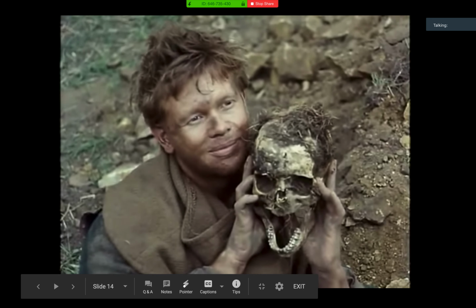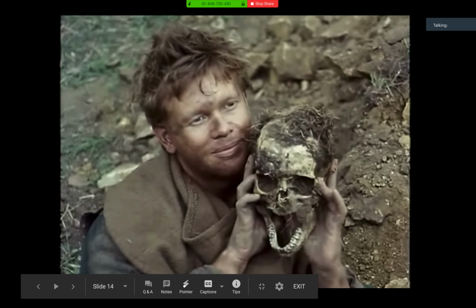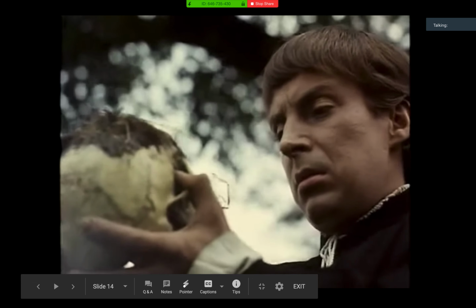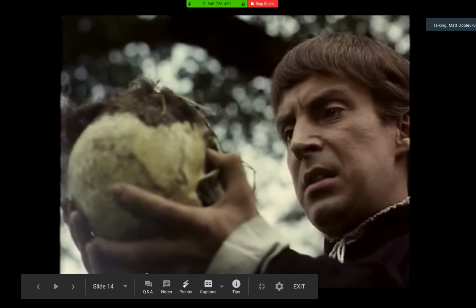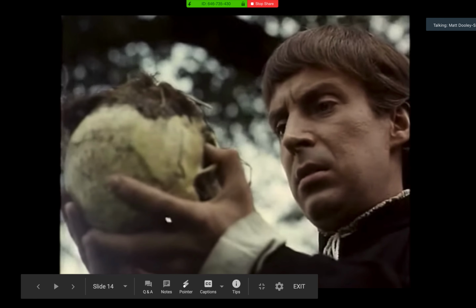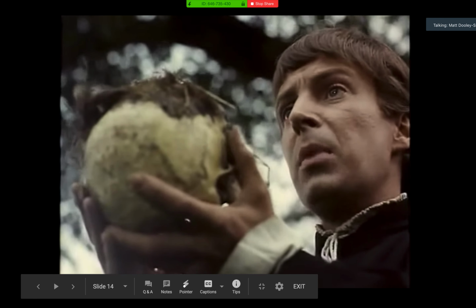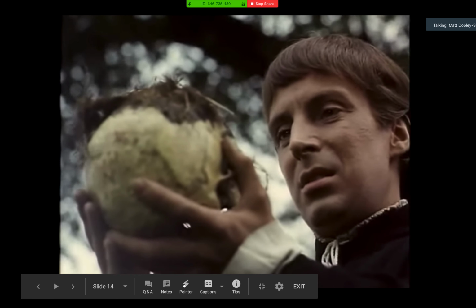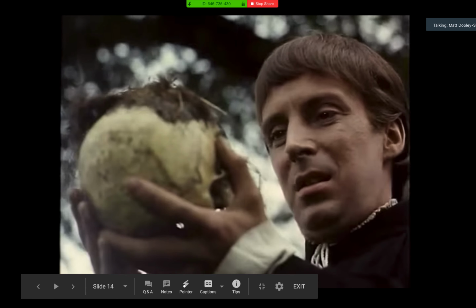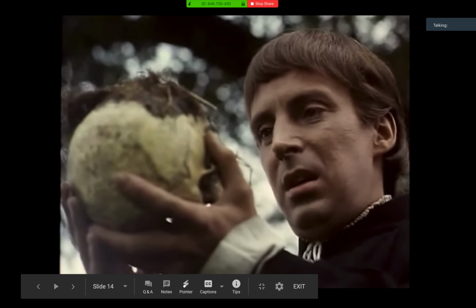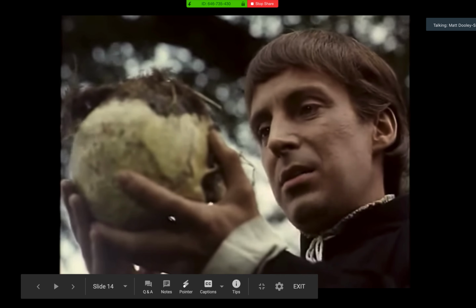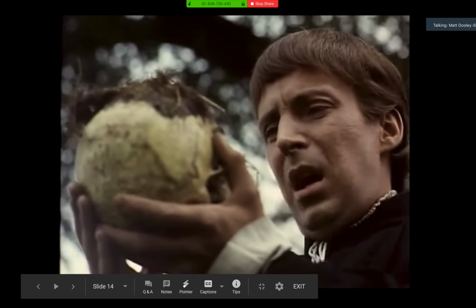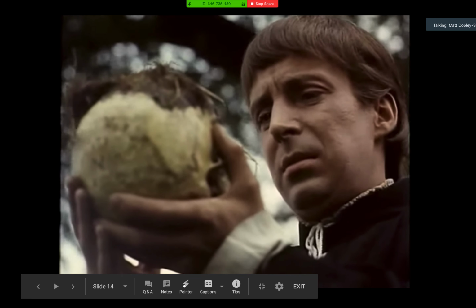Yorick's skull. The king's jester. This? Let me see. Alas, poor Yorick. I knew him, Horatio. A fellow of infinite jest, of most excellent fancy. He hath borne me on his back 1,000 times. And now, how abhorred in my imagination it is.